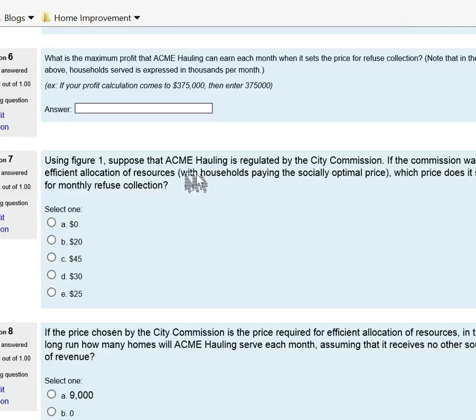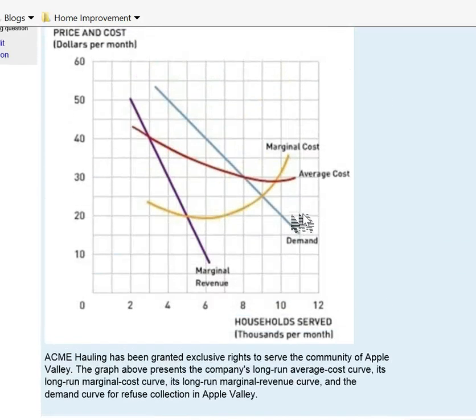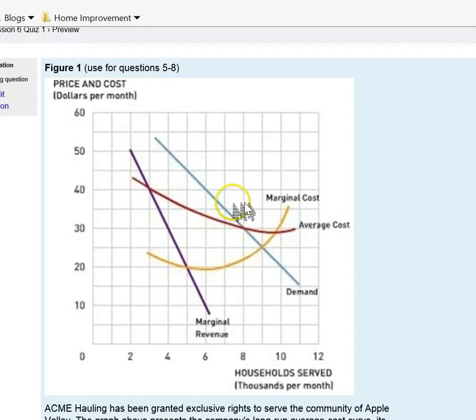Now question 7 is, look at that figure, figure 1, and suppose that the hauling company is regulated by the city commission. If the commission wants efficient allocation of resources, which price does it seek for monthly collection? So efficient allocation of resources is basically the perfect competition result.